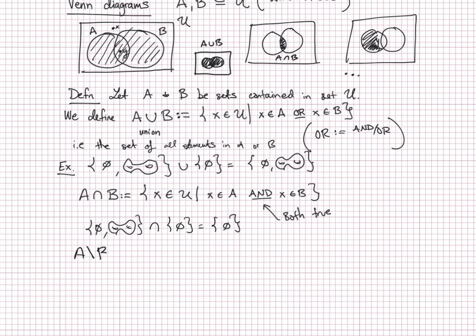A minus B is going to be the elements x in A, and I don't even need U, where x is not in B. Okay, so that was my picture here.